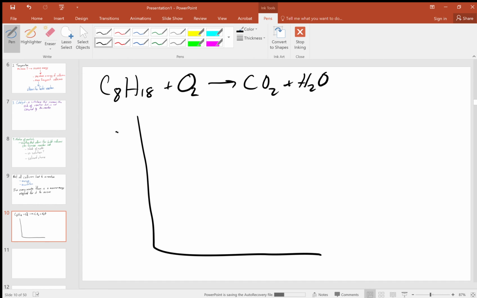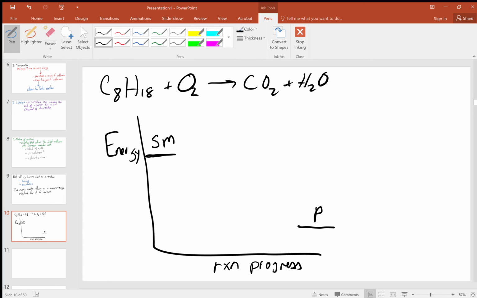And so for any reaction, we can plot the energy of the reaction versus the reaction progress. And for an exothermic reaction like this one, a very general graph might look like this. Here's our starting material, here's our products, and here's the path that we use to get there. Now, this is not the path for the combustion of octane. That one would have a graph that is much, much more complicated.